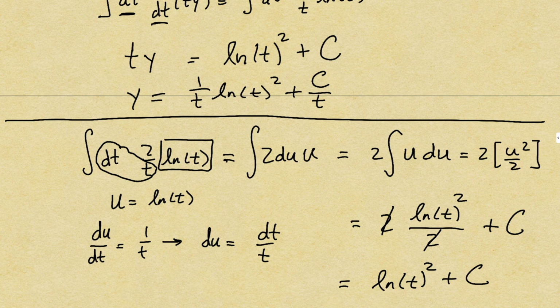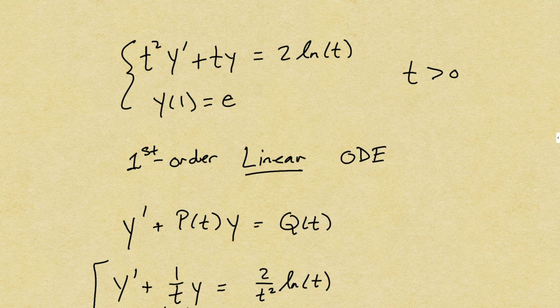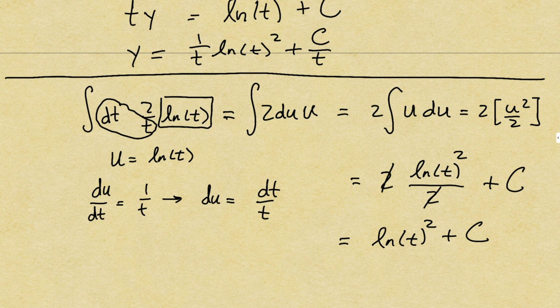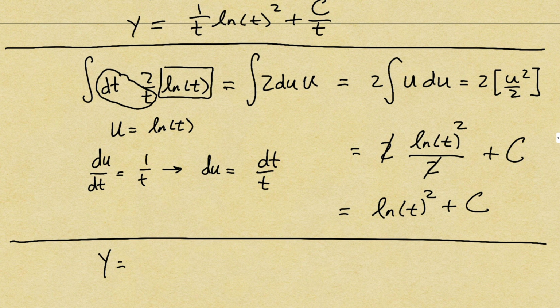But then we have to remember that we were given a condition. The condition was y of 1 equals e. This allows us to find what the c is. So let's rewrite our solution down here. y equals 1 over t, and I'm going to pull that out, log of t all squared plus some constant c.